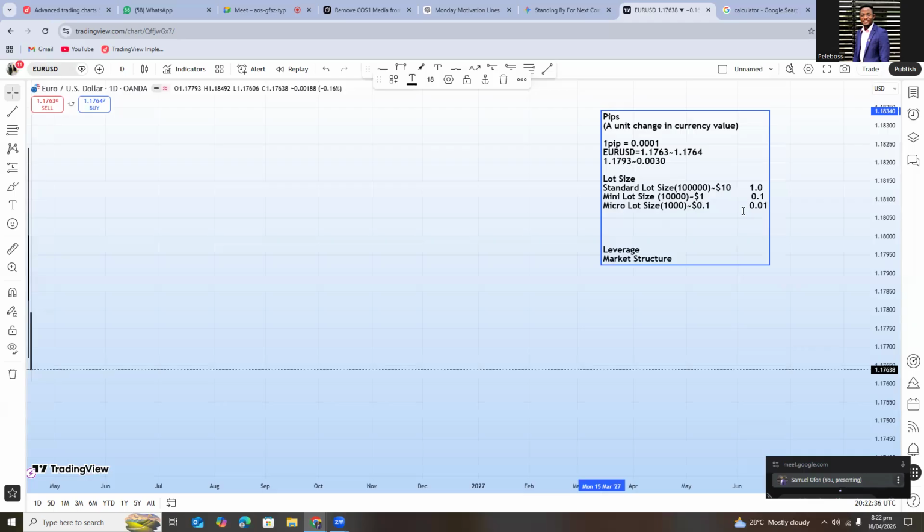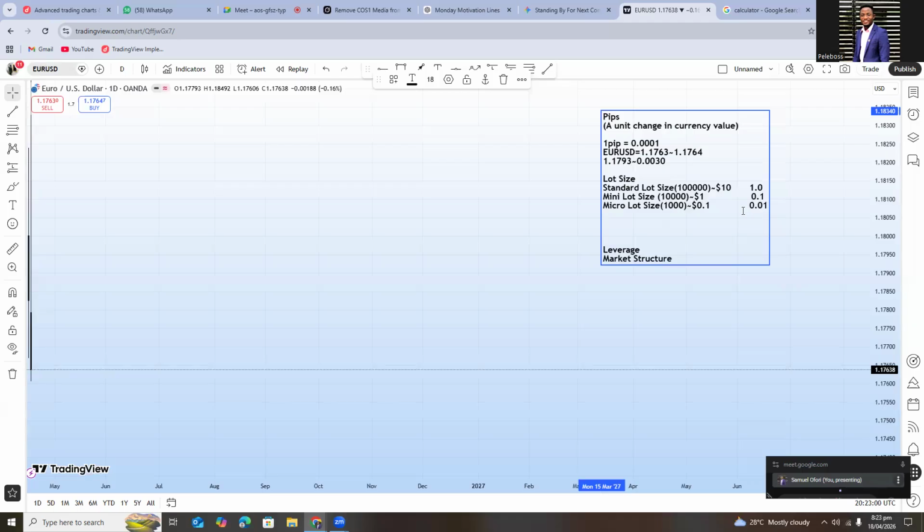So basically, in trading, how much you make is dependent on your lot size. And the lot size that you can use as a trader is dependent on your capital. Okay, because if you want to use a very big lot size, then you would want to have a very big account. Because if your account size is small, you cannot take some of the big lot sizes. I hope that is clear. All right.